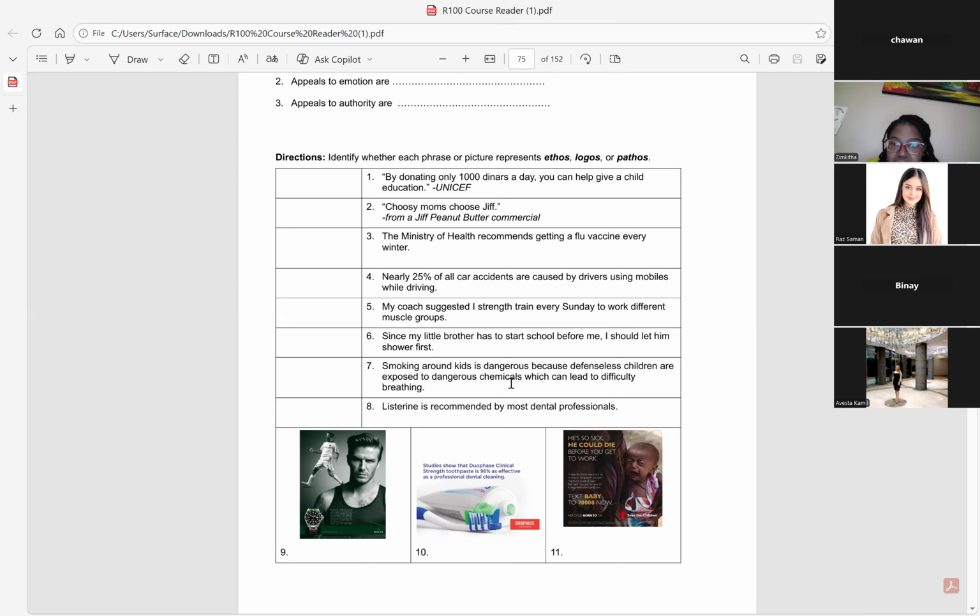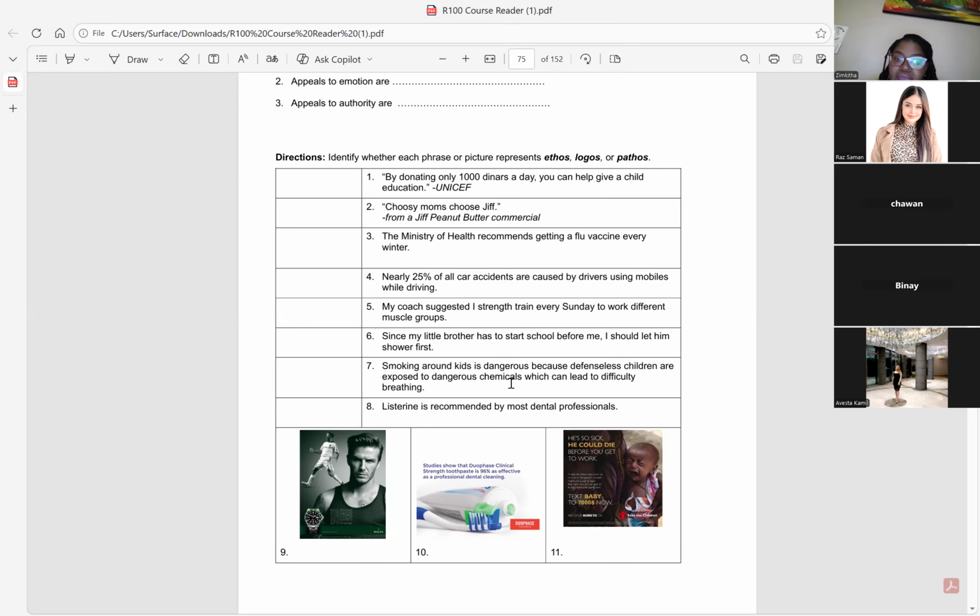Yes. It can be both logos and pathos, and I'll tell you why. Obviously, we know that smoking around children is dangerous. That's your logic, a very logical explanation. But it can also be pathos. There's one word in the sentence that is pathos.